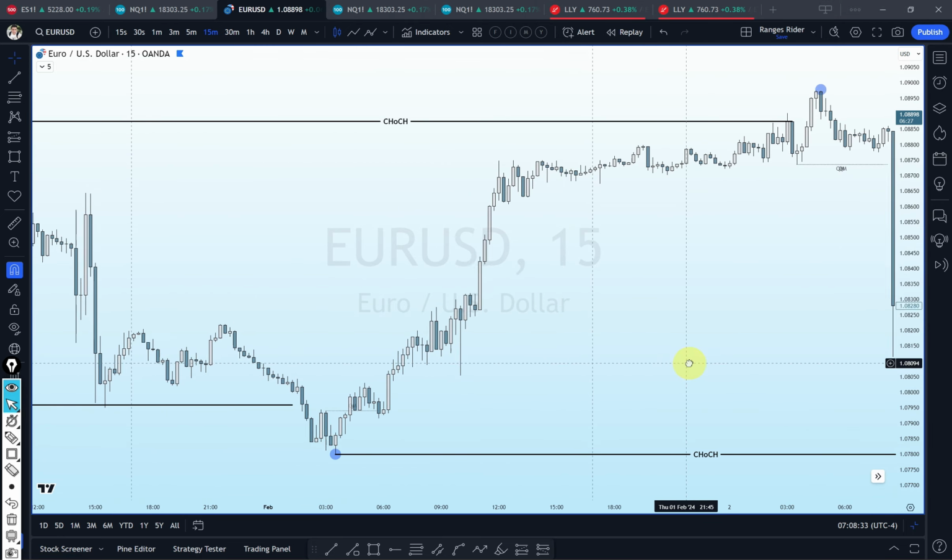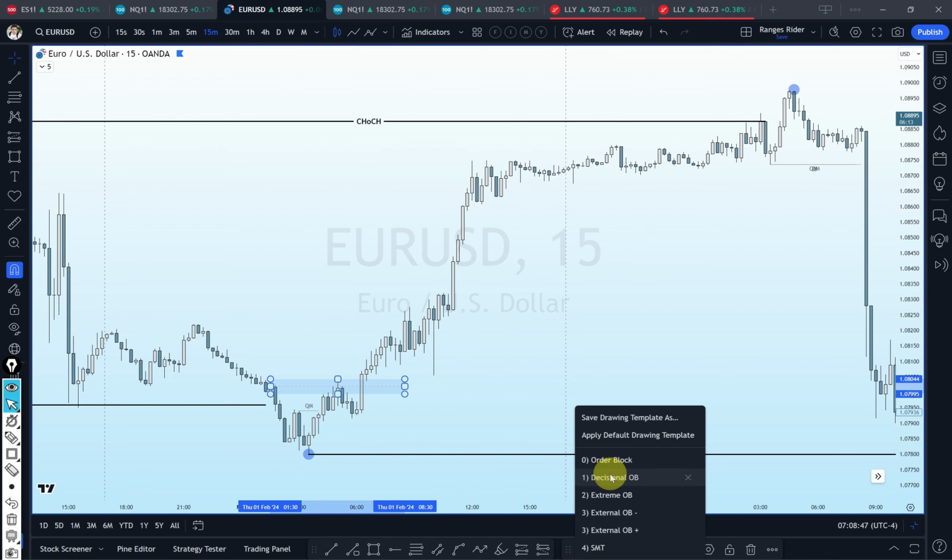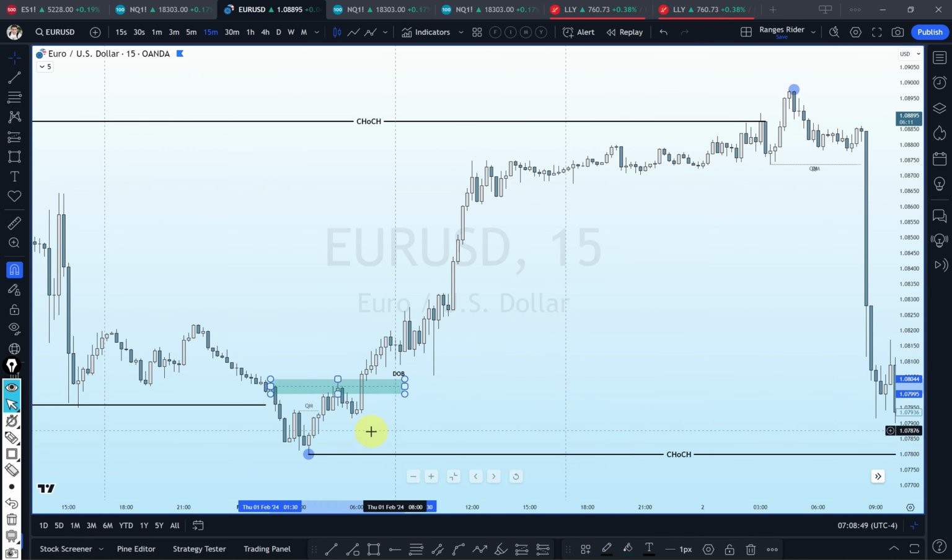And once we got the breakup structure, we have a QM here, and above the QM, what do we have? Above the QM, we have the decisional order block. The price just rejected a little bit and then disrespected.